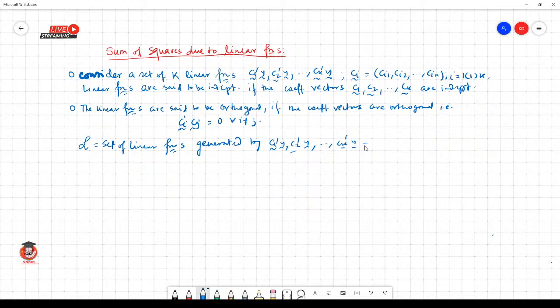So this is the set of all functions which can be obtained by linear combination of c1'y, c2'y, ..., ck'y. Okay.